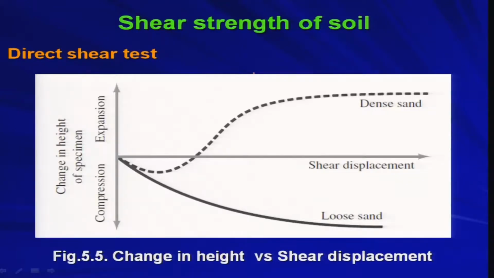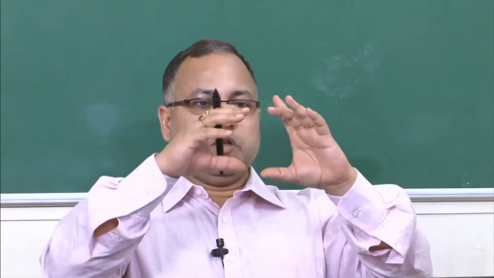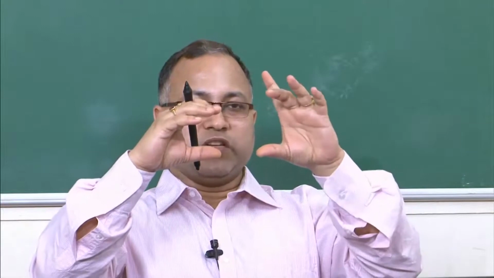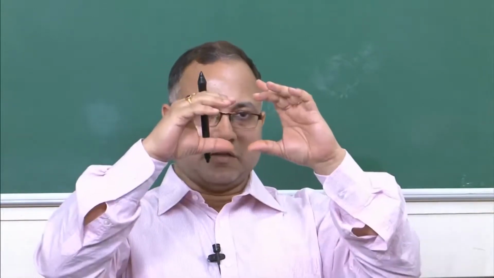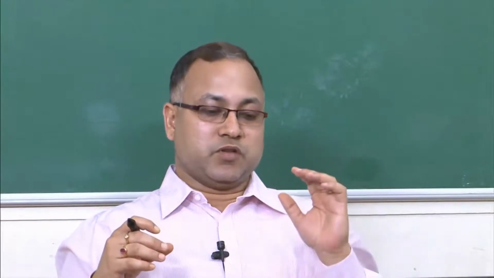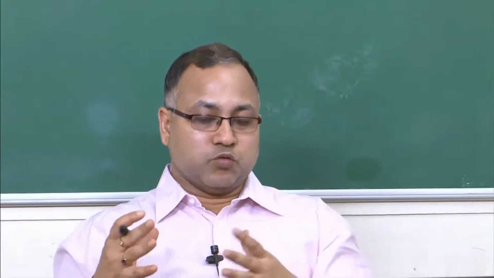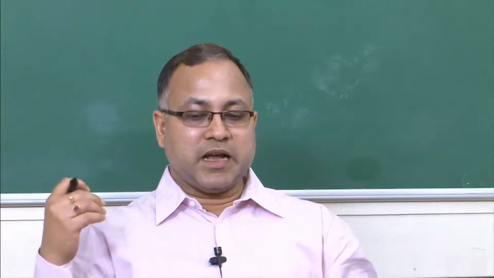Now, what is happening in case of change in height of specimen? You have the height of the specimen as 25 millimeter, that is the mold depth, right. The change in height happens because of the two types of sand you are using, dense sand and loose sand.